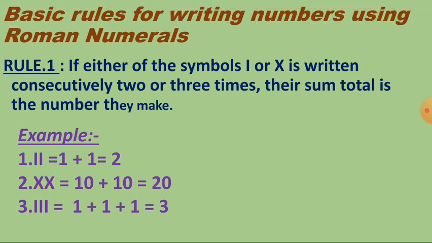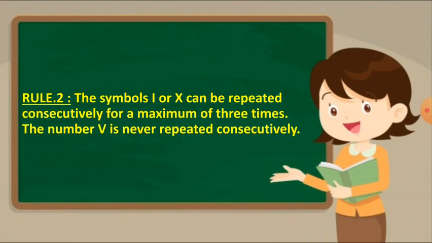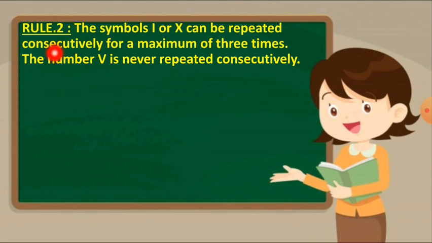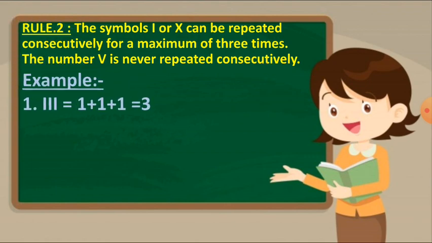Next line, you will be writing rule number 2. The symbols I or X can be repeated consecutively for a maximum of 3 times. The number V, or you can say the number 5, is never repeated consecutively. Next line, you will be writing the example.